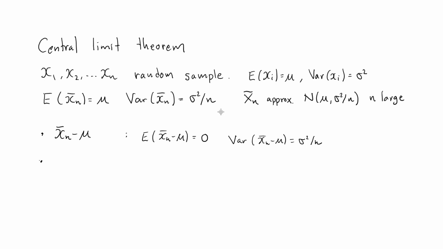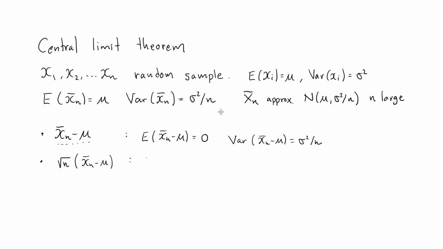In the second step, let's look at the sequence square root of n times Xn bar minus mu. So basically, I'm starting with this sequence, and as n increases, I multiply by square root of n. So I'm multiplying by a bigger and bigger number as n increases.